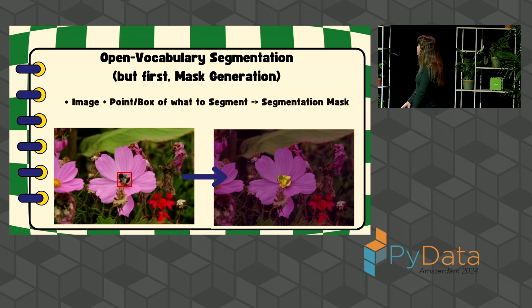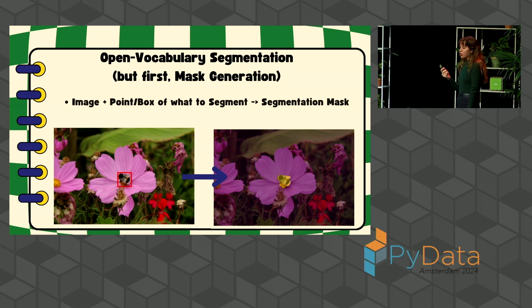And open vocabulary segmentation, but we will first go to the mask generation before that. It is essentially to input an image and some text and get the segmentation mask as the output of what you would like to search for. And it's open vocabulary again, so you can input anything.